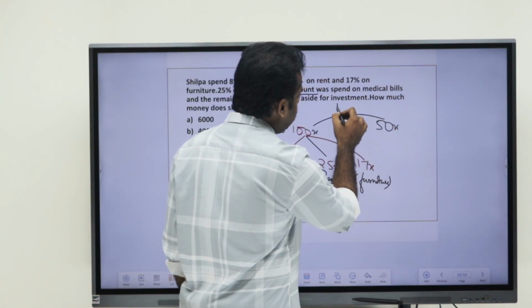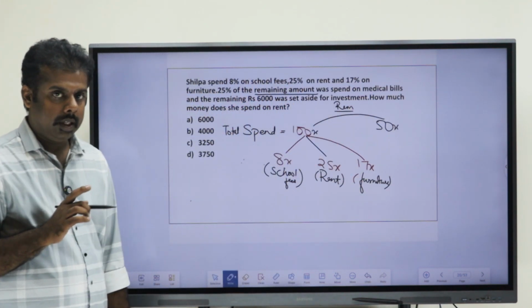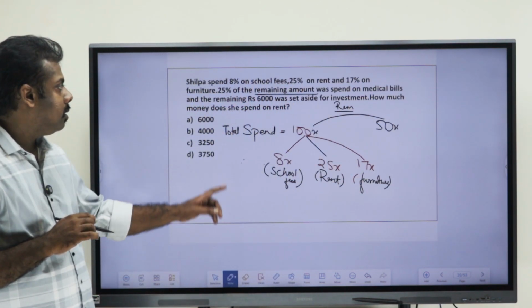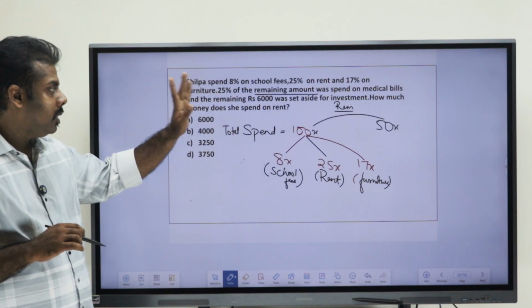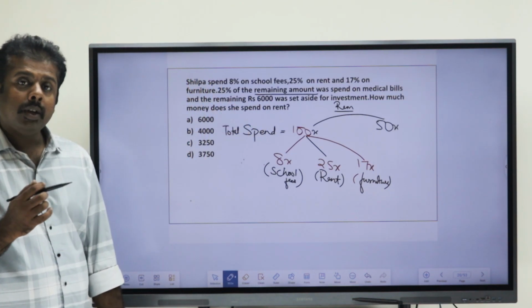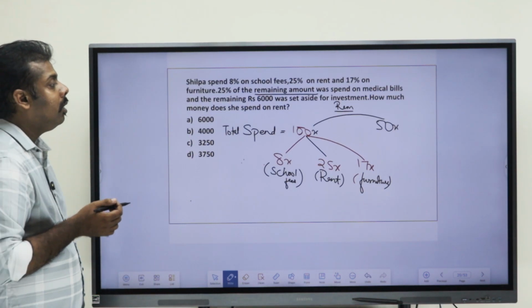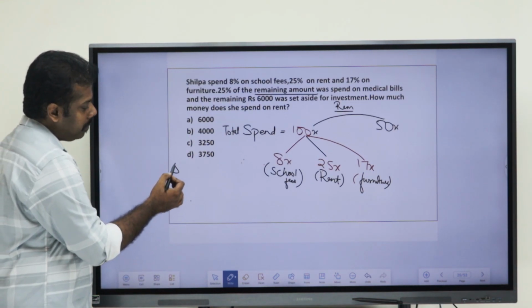So the remaining expense is basically 50x. Now they have told that 25% of it she has spent on medical bills. So 25% of 50x is what?